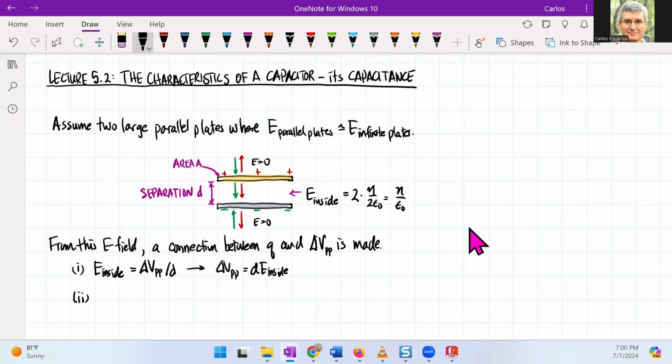Now, the other thing that we can look at is that by starting with the electric field, we know that this is the same as sigma over epsilon naught, but that's just the charge per unit area divided by epsilon naught, or I can solve for the charge in this situation, and this will then be epsilon naught A E on the inside.